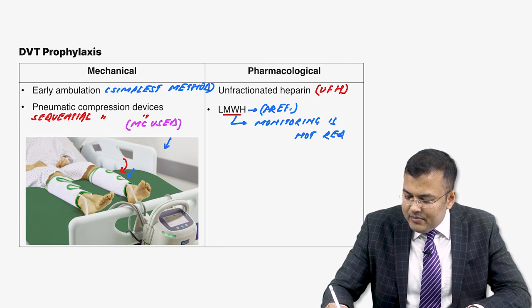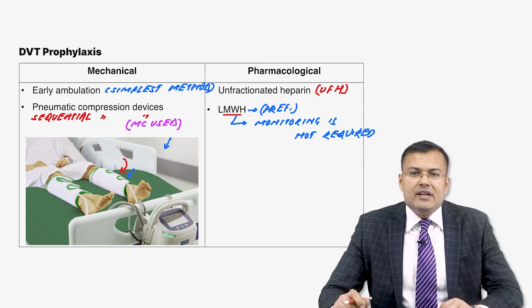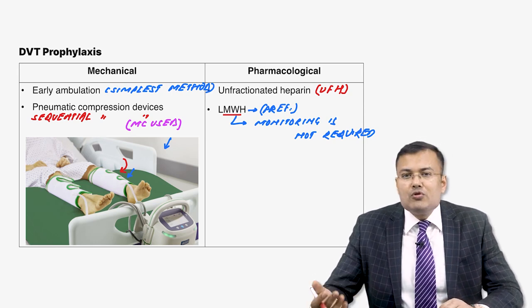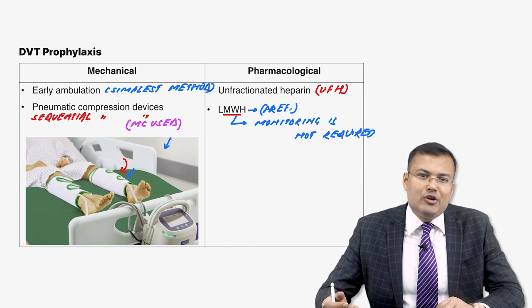That's why low molecular weight heparin is preferred. So the questions here: simplest method of DVT prophylaxis, early ambulation; most commonly used method, pneumatic or sequential compression devices; and preferred pharmacological drug, low molecular weight heparin.